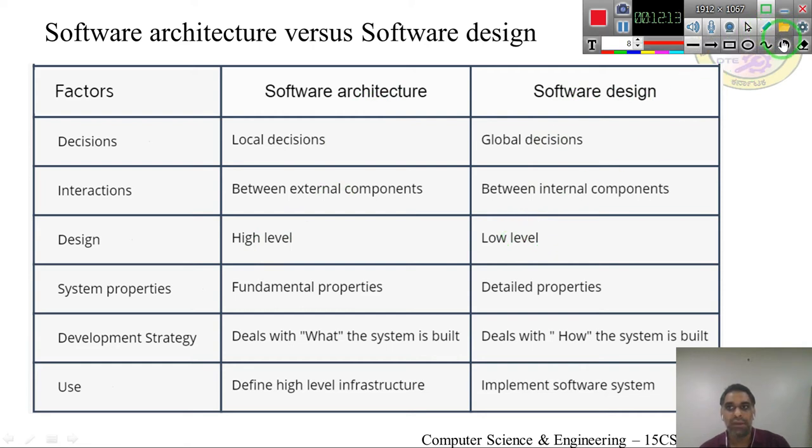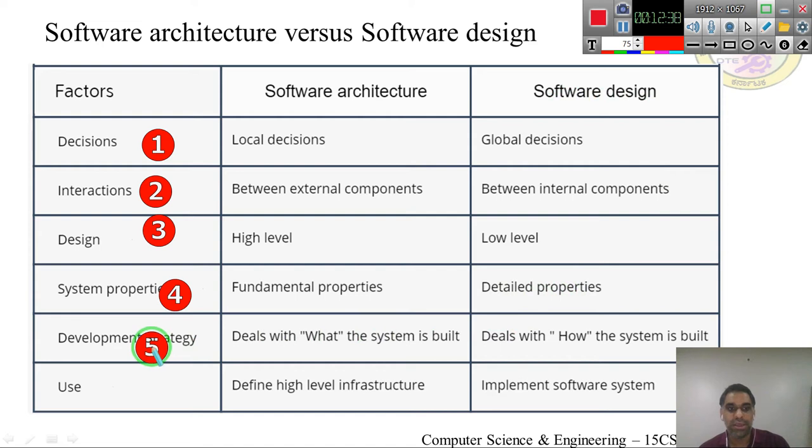So we have gone through the first factor, second factor, third factor. Fine. So let me deal with the fourth factor, which speaks of system properties. With respect to system properties, software architecture provides you the fundamental properties of the system, whereas software design gives you the detailed properties of the system.